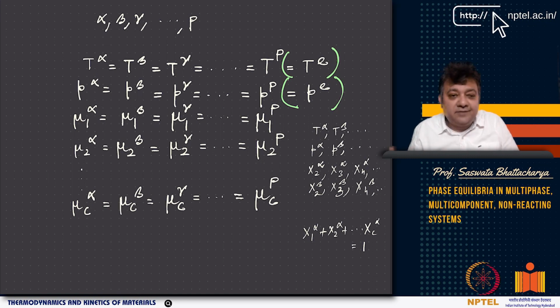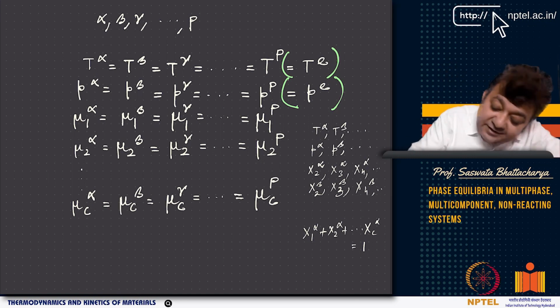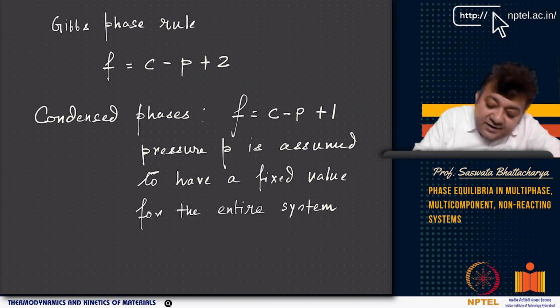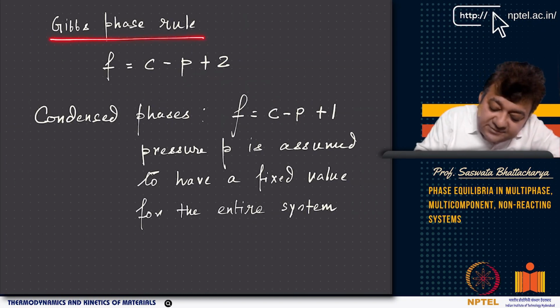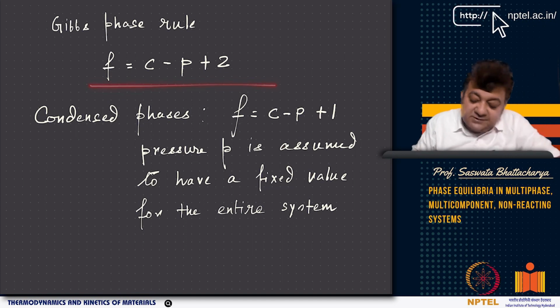Now if you look at the number of variables minus the number of equations, what you get is called degrees of freedom, and from which we have already derived the phase rule, which is F equals c minus P plus 2.